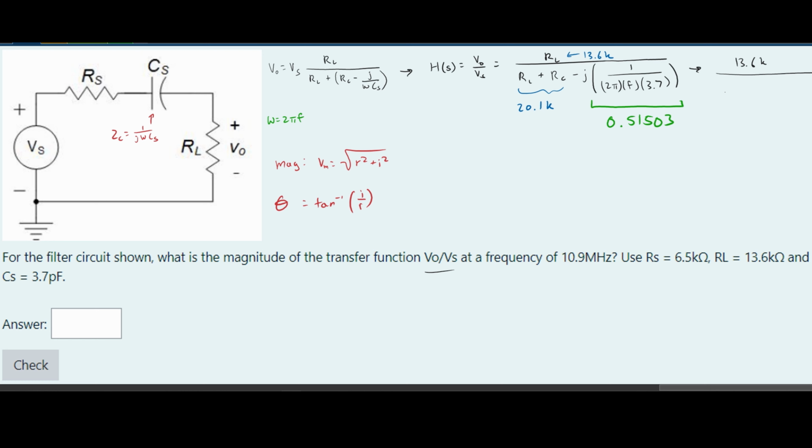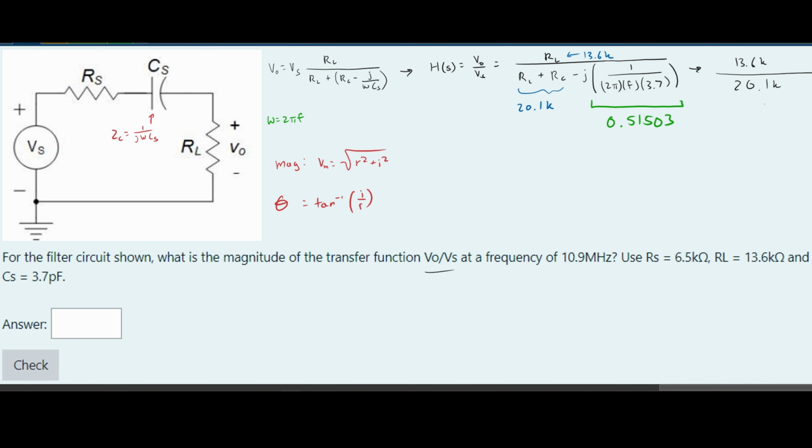For this bottom one, we are going to have to change it. We're plugging this value and this value, squaring both, and putting them inside of here. We can see that this capacitance is actually so small that it barely affects our magnitude, this Vm. And remember, we have our magnitude and then we have the angle. So what we're going to be left with is essentially 20.1 kilo ohms, just like this.